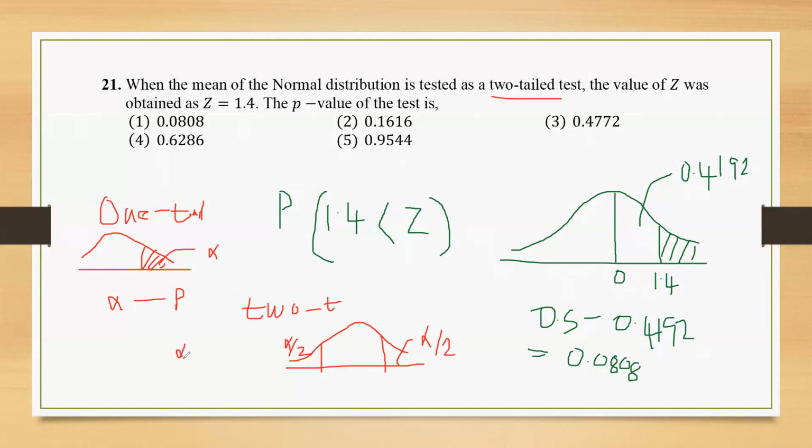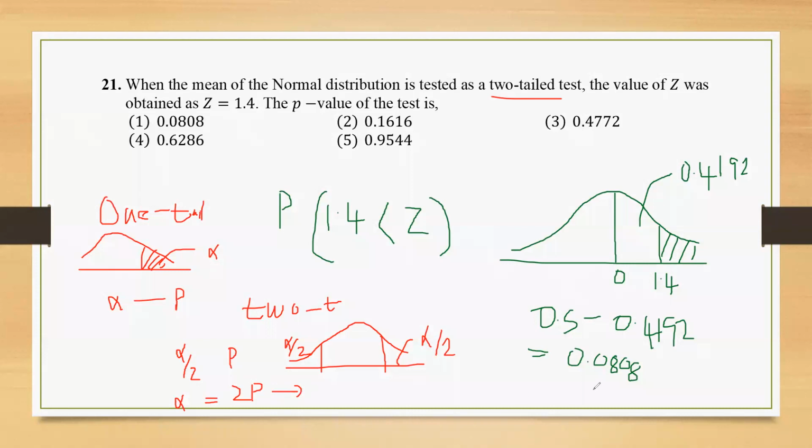If you want to compare with alpha, you need to consider twice of p. That is the p-value of the two-tail test.